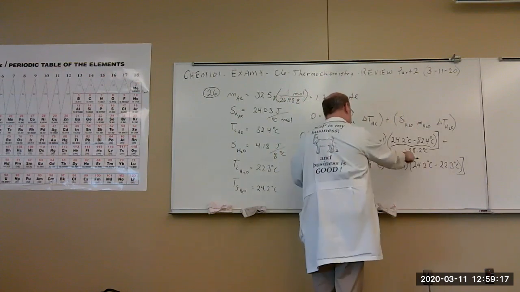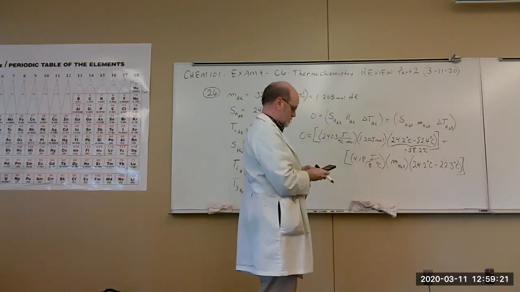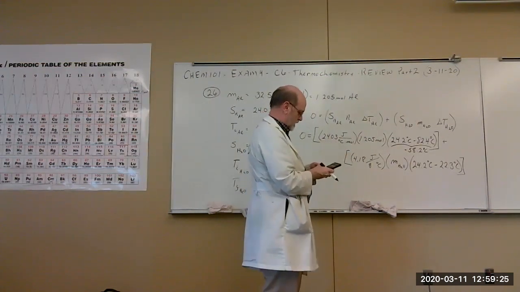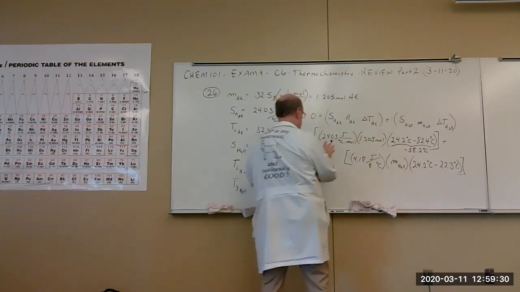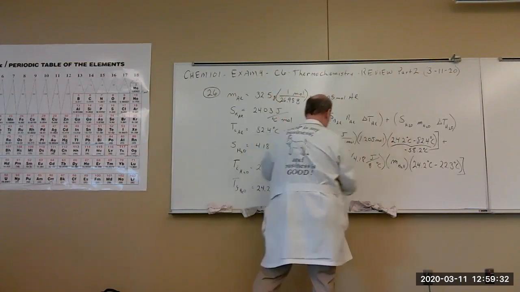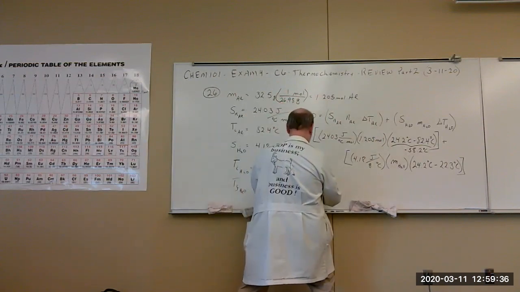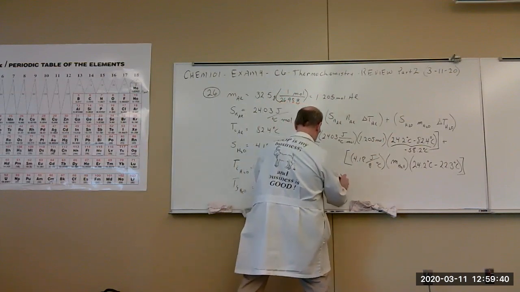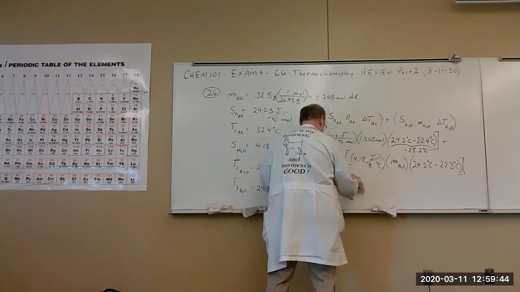Then that times 1.205 and then times 24.03. So for the aluminum term, I get minus 1685.25. Don't throw away decimals unless you have to.